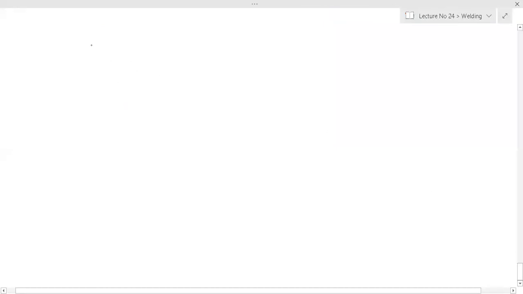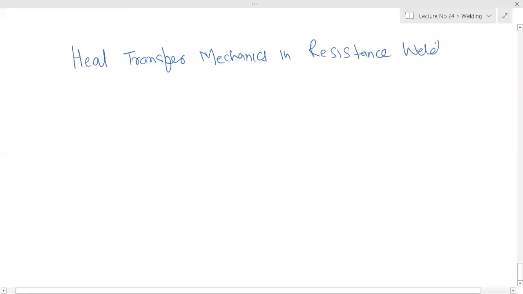So now we'll understand another topic, that is heat transfer mechanics in resistance welding, or power source in resistance welding.